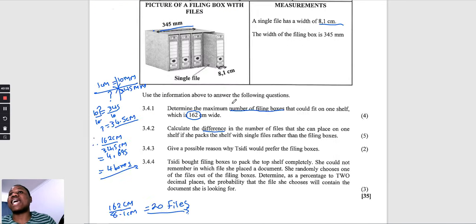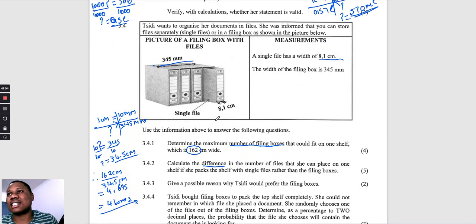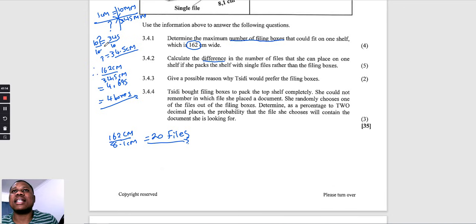But then now, if she's going to pack them in the boxes. Remember, in the box you can only put 1, 2, 3, 4. There can only be 4 files in one box, and then this width it have fitted 4 boxes.